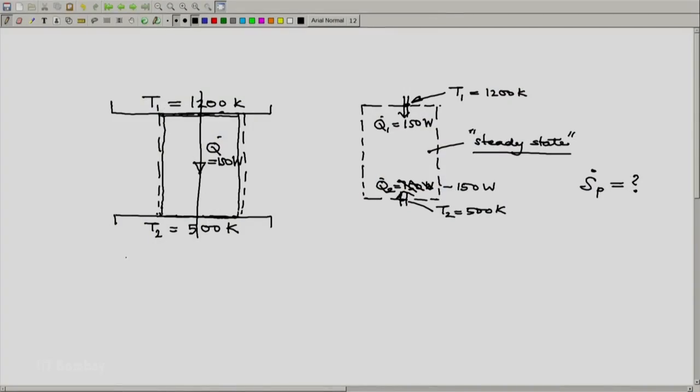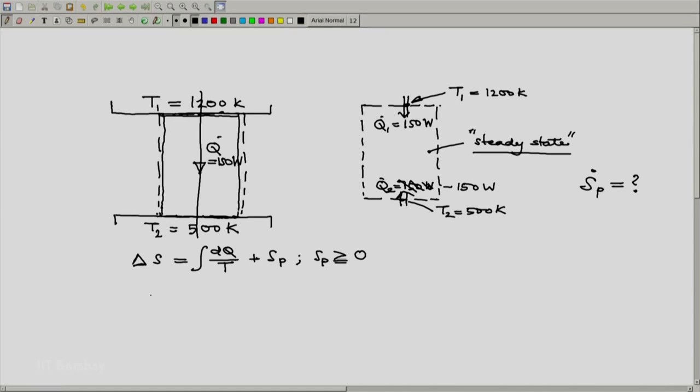Now, let us apply the second law. What does the second law say? The second law in our normal form would be delta S equals integral dQ by T plus Sp, with the condition that Sp should be greater than or equal to 0.